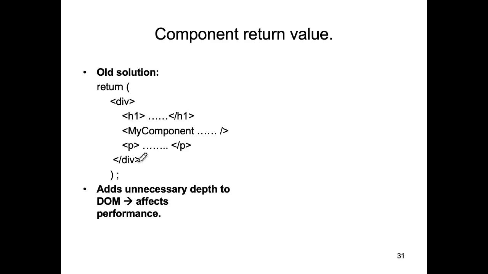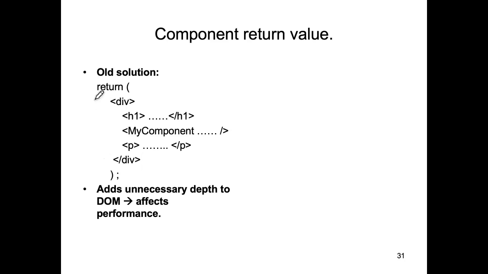But that would mean that in a large application with lots and lots of components, we're going to have all of these additional divs. And the only purpose of the divs is to satisfy this rule that we have to follow. But each of these divs are actually going to be represented as a separate node in our browser's DOM data structure. So that means the DOM is a much deeper data structure because of that fact, even though the divs don't really serve any purpose other than satisfying this React requirement.